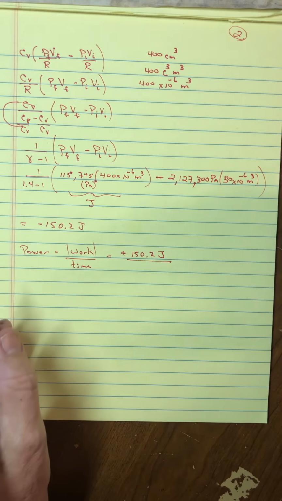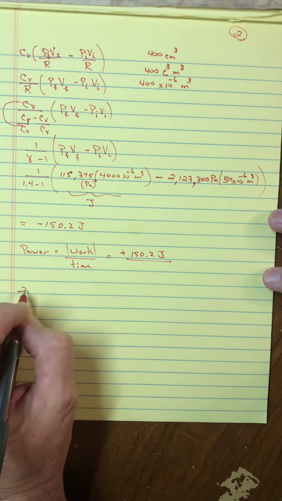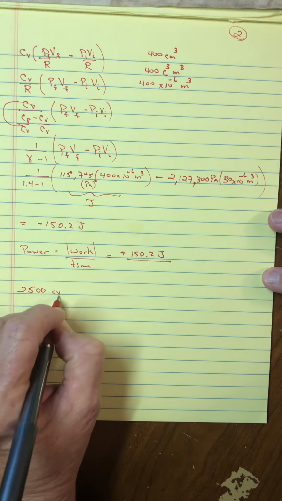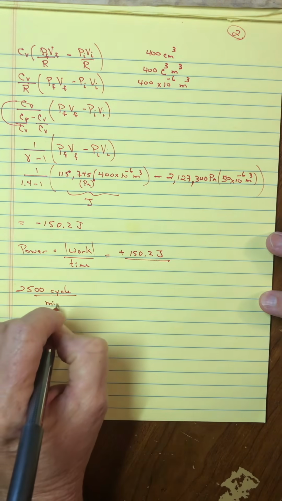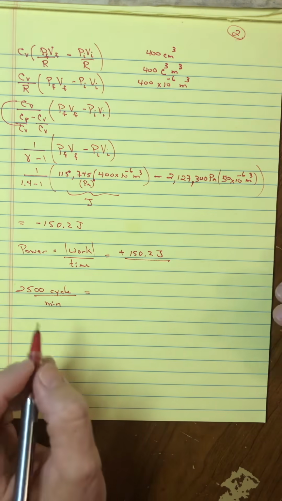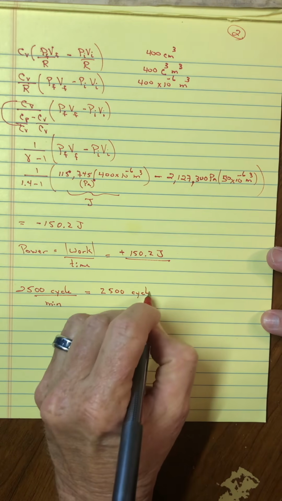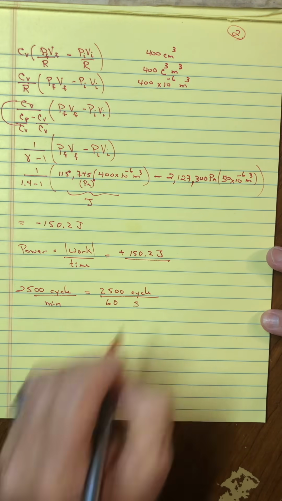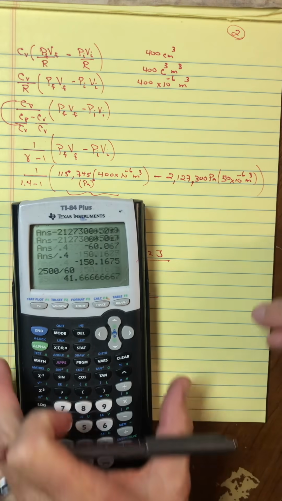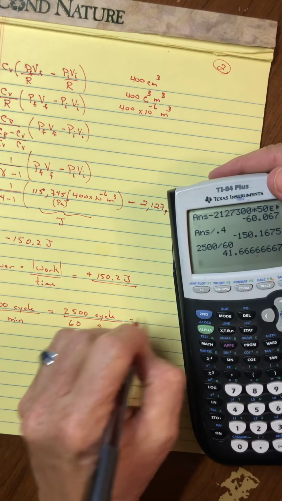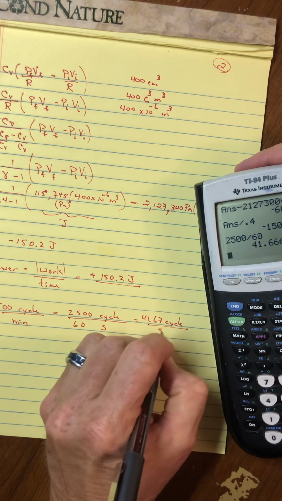Now, maybe I should write it here, but the problem makes it very clear that this engine is doing 2,500 cycles per minute. Or maybe put another way, this is 2,500 cycles in 60 seconds. So if I go 2,500 divided by 60, we're looking at about 41 2/3 cycles per second.